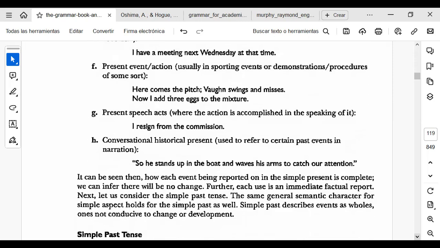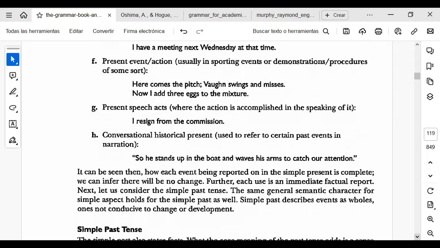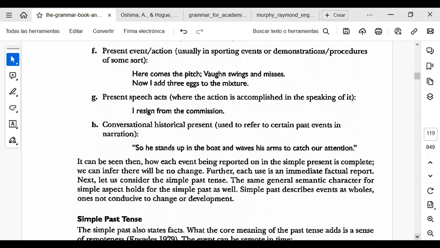Also, present event or action, usually in sporting events or demonstration procedures of some sort. Here comes the pitch. Bone swings and misses. Now I add 3 eggs to the mixture. Present event or action. Okay. Usually when you talk about sporting events or demonstration procedures.